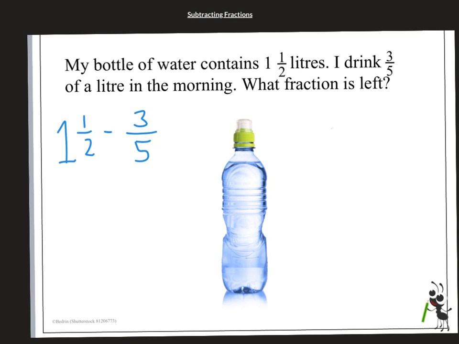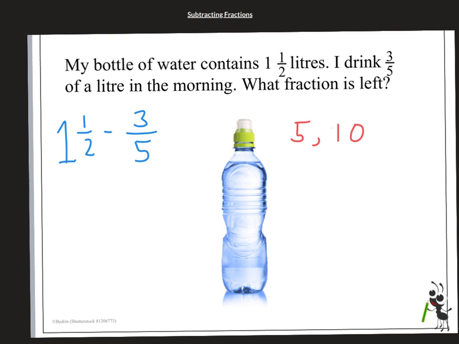So I need to find the lowest common denominator. I'll start with 5, and if I go 5, 10, I know that 10 is a multiple of 2. So I'm going to change my halves and fifths both into tenths. This is easier to do if I change my halves, my 1.5, into an improper fraction.